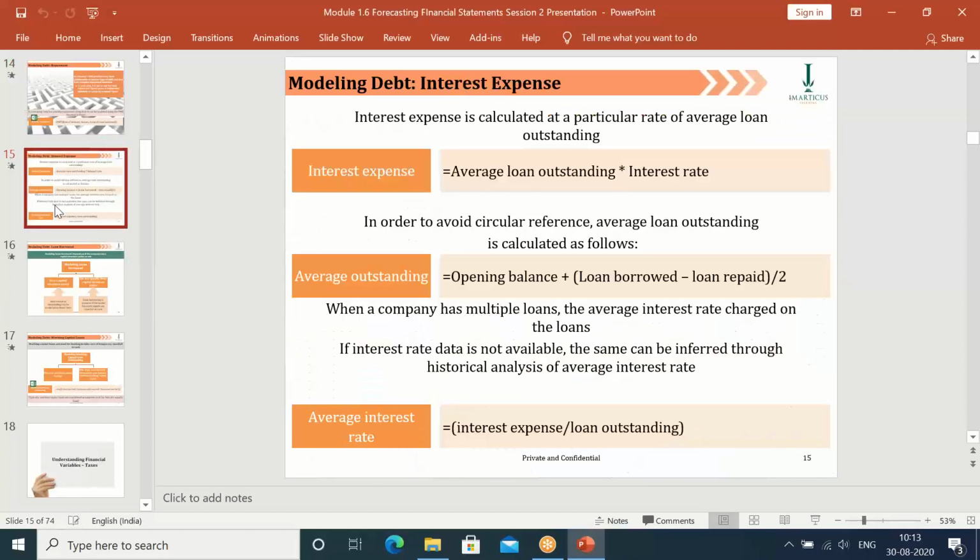Yeah. Moving to next slide. So interest expense. Now when you're saying interest expense, this interest expense is average loan outstanding into interest rate.